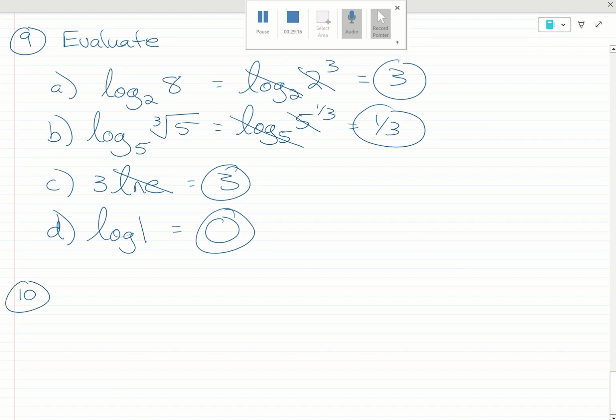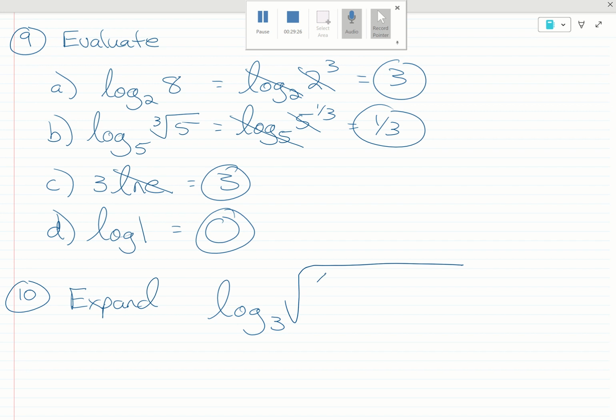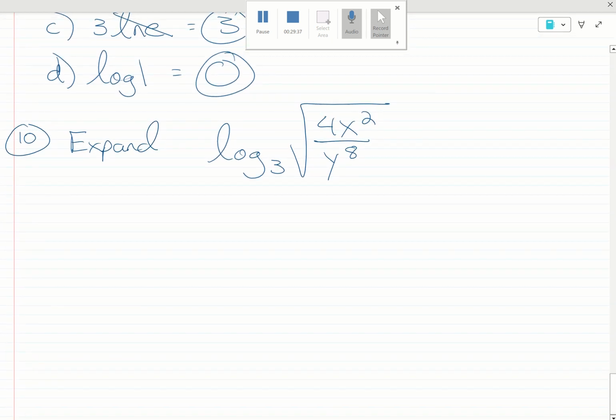For problem number 10, we want to expand log base 3 of the square root of 4x to the second divided by y to the 8th. When you're doing a problem like this, remember logs don't like radicals.